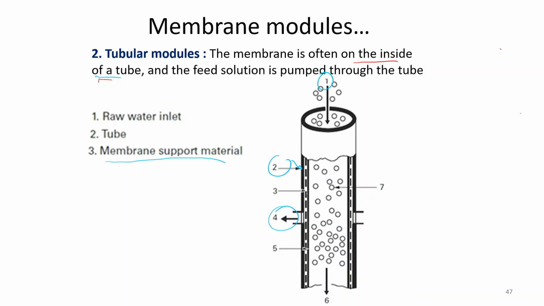Here there is a support material for the membrane which supports the membrane, and then 4 is the outlet, whatever permeate comes out, it comes out through this channel 4. Then 5 here, this is the actual membrane. So, the membrane frame is here and this is the membrane.